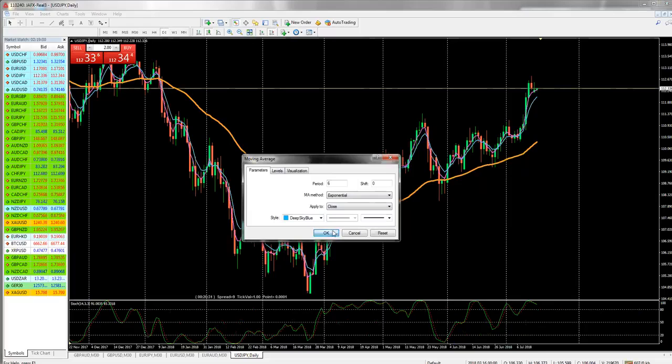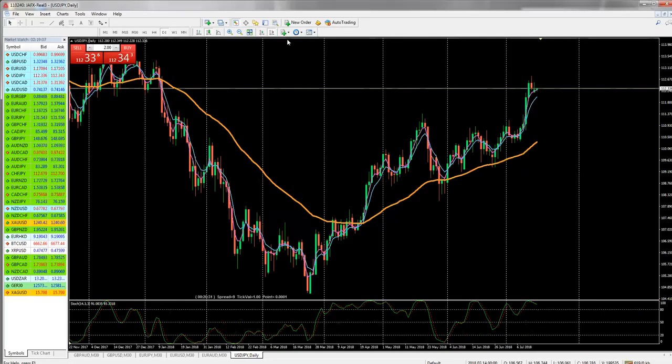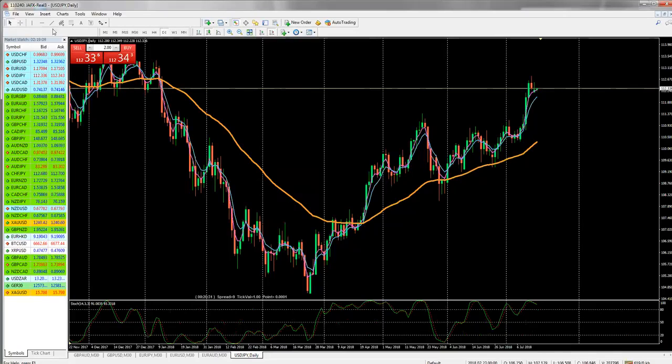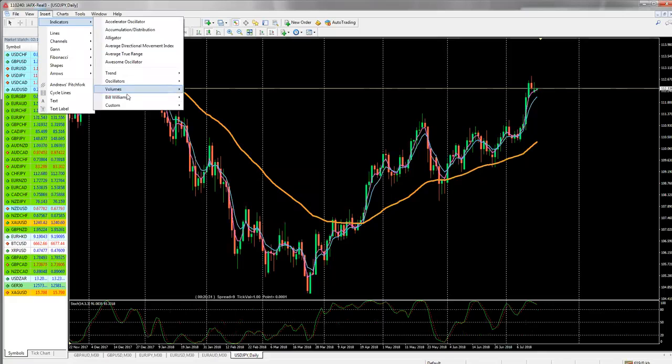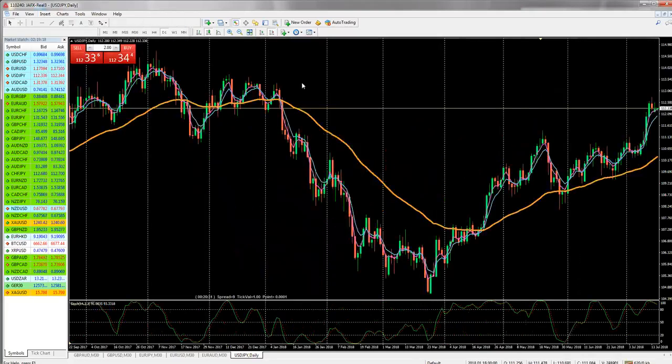Click OK. Next, we add another moving average. This is how you add it: you either click this plus sign, add indicators, or click insert indicators, then pick trend, moving average, and select it.